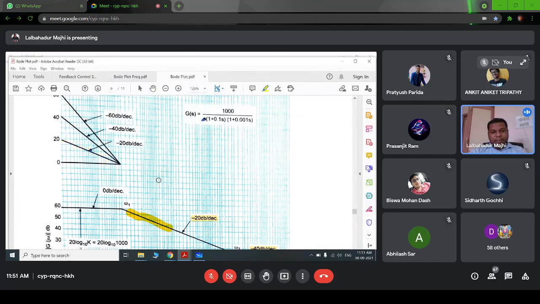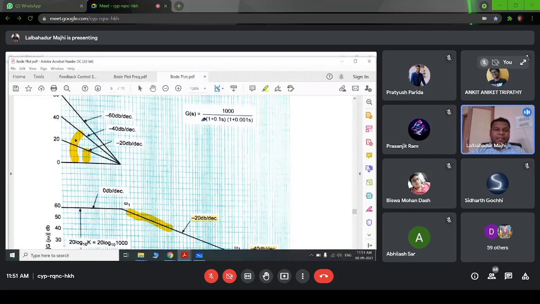In my opinion, the simplest method is to measure the angle. For this 20 dB per decade, what is this angle? It will be around 18 or 19 degrees. Similarly, measure this angle; it will be around 38 degrees.